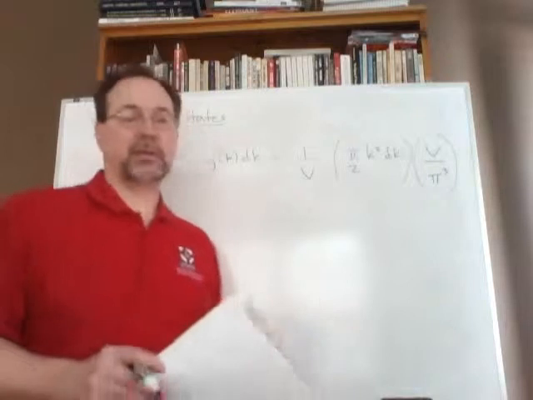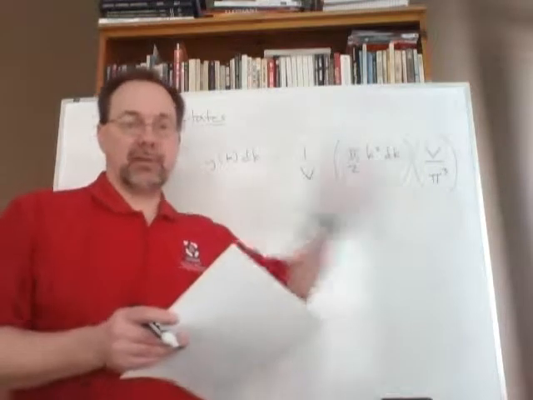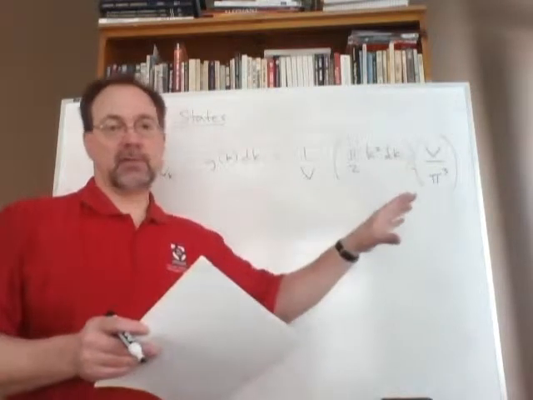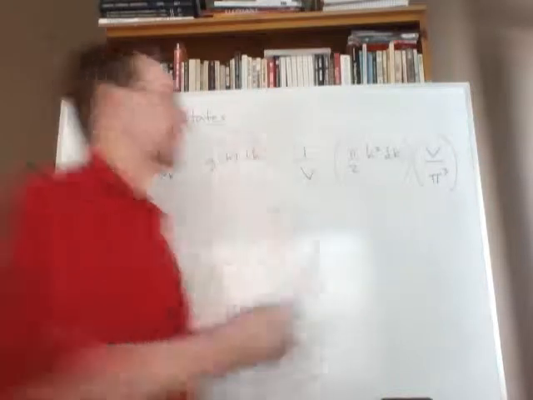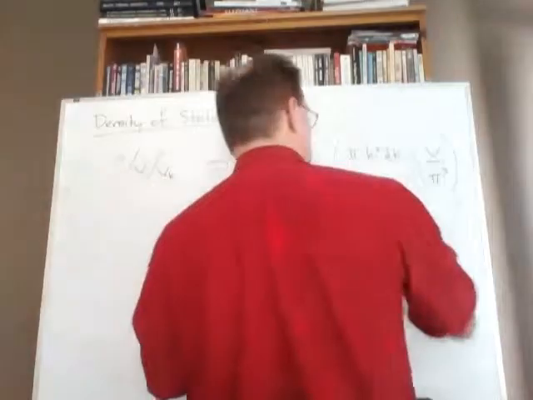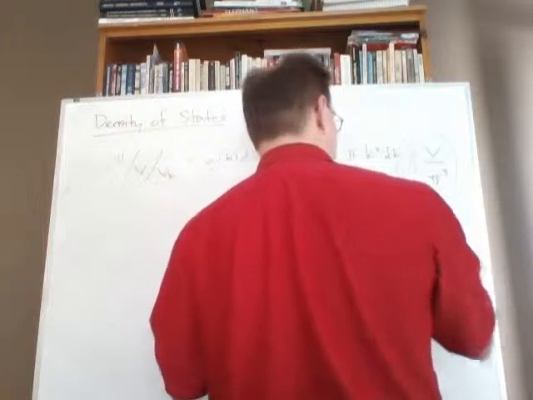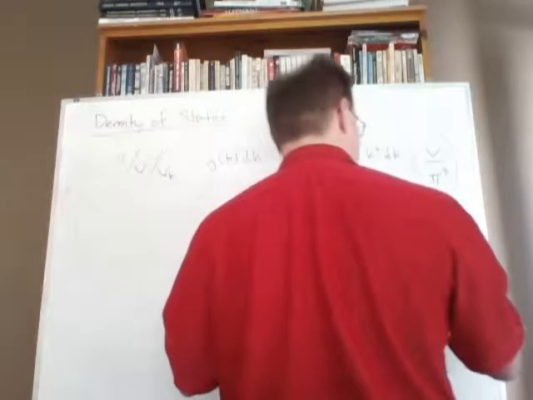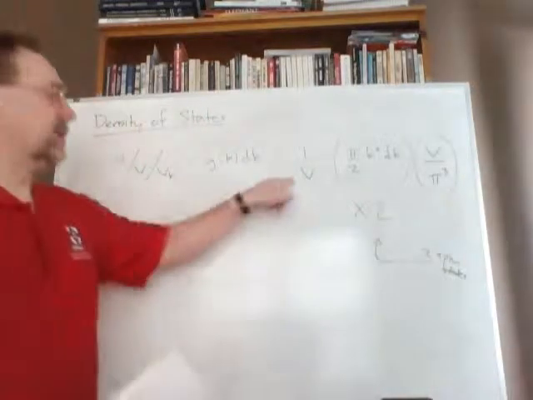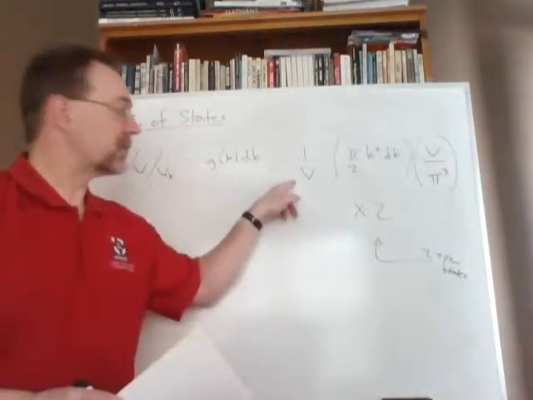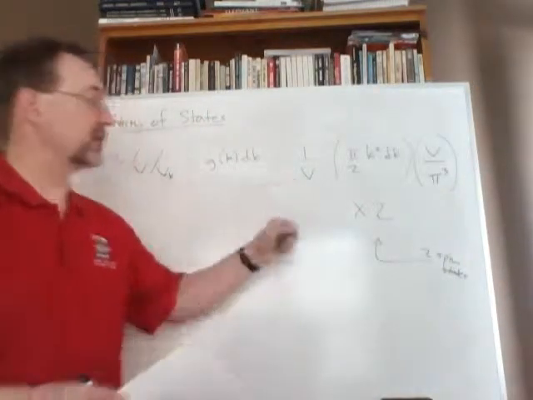The Pauli exclusion principle will then say that you can only have no more than one particle in a state, but we have 2 spin states. So we're multiplying times 2 for spin right here. All right, so we're dividing by the physical volume, so we get it per unit physical volume.